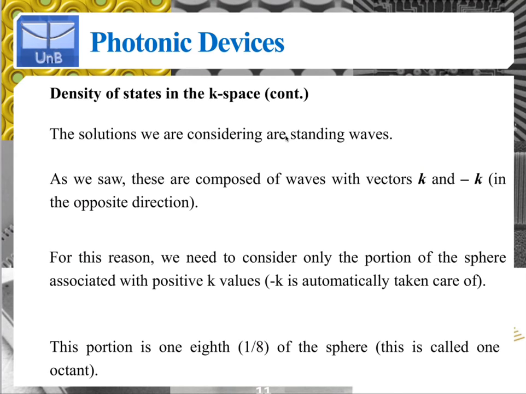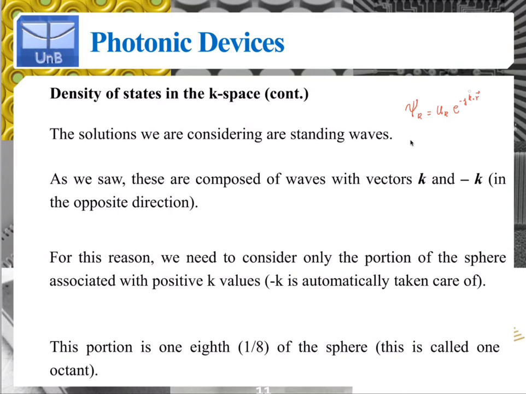The solution we're considering corresponds to standing waves, in the sense that the wave function psi we said was the product of a periodic function, uk, and a term that corresponds to a wave and looks like this: e to the power of minus j times k dot r.